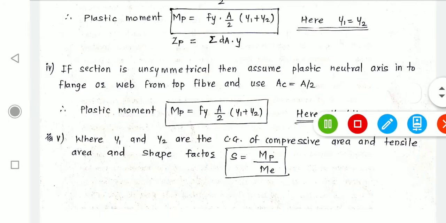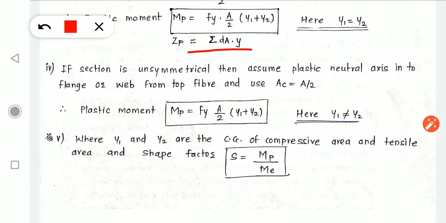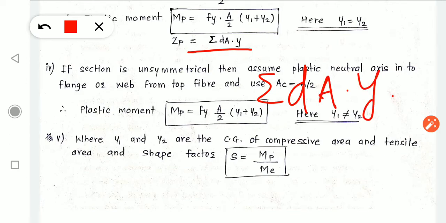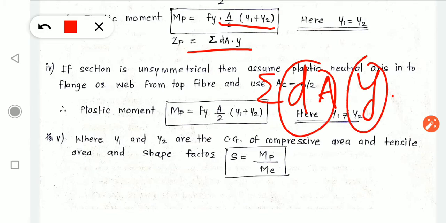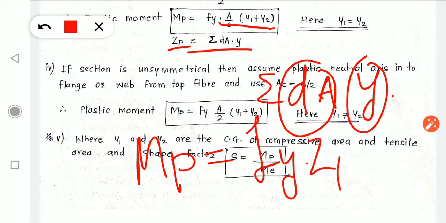Understood? Now Zp is what? Summation of dA into y. That is what this tells us. Area into y is Zp, so simply I can say that Mp equals Fy into Zp.